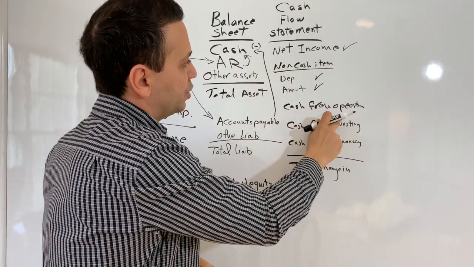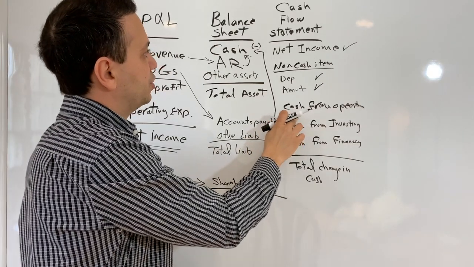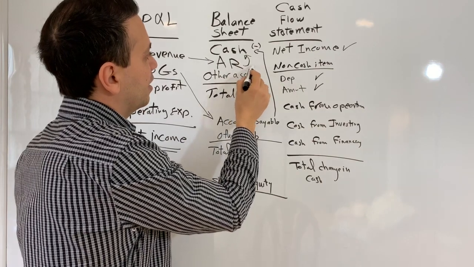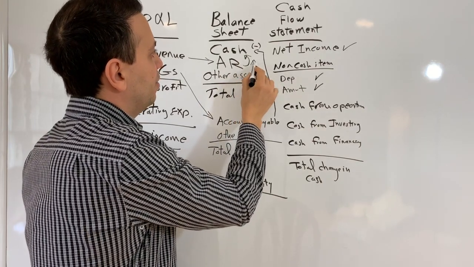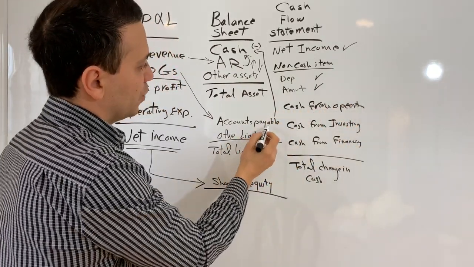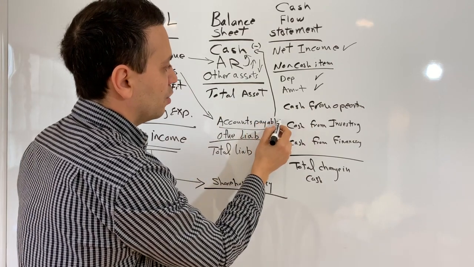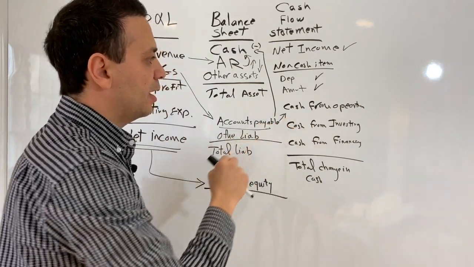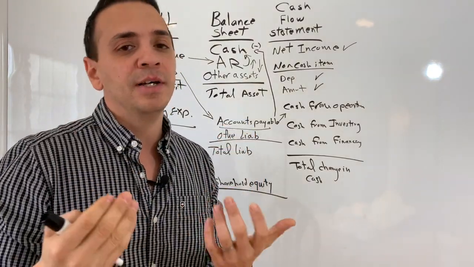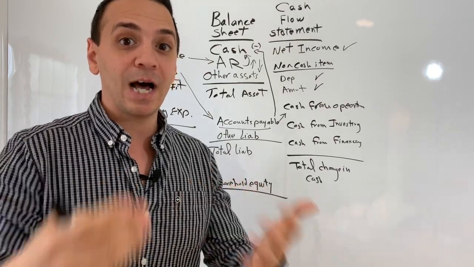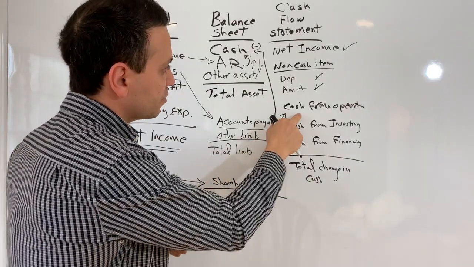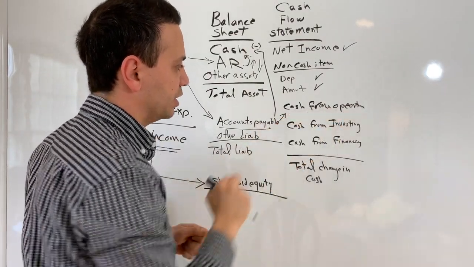Then cash from operations, that will be the fluctuation in accounts receivable. So you have AR, period over period, going either up or down. That will be going into cash from operations, as well as accounts payable. That will also, fluctuation up or down, go into cash from operations. If accounts payable, for example, goes down, that means that cash went out the door. You paid off some of the accounts payable that you have. And so that feeds into cash from operations.